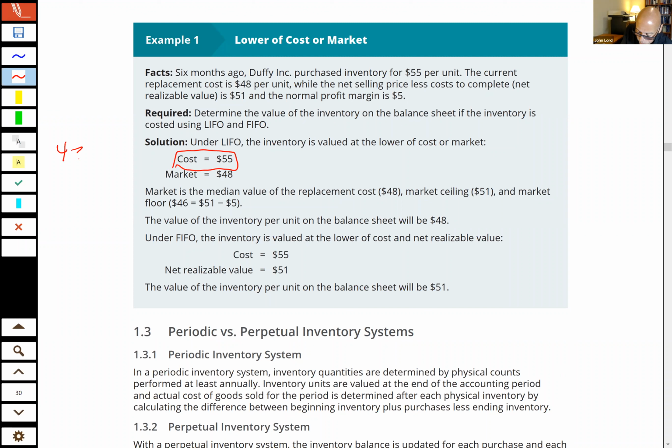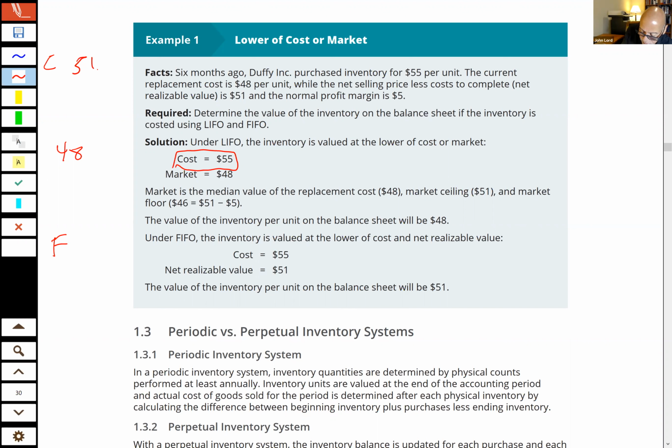So I'm going to write that 48, and then calculate the ceiling and the floor. If it goes over the ceiling, I'll use the ceiling. If it goes below the floor, I'll use the floor. If not, I'll use the replacement cost. The net selling price less cost to complete and dispose is 51.